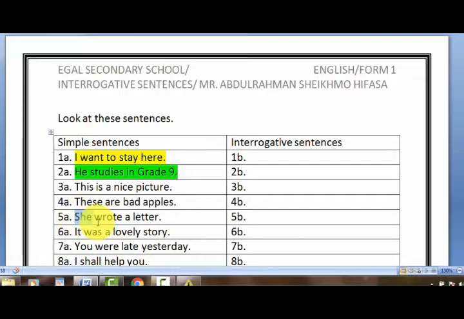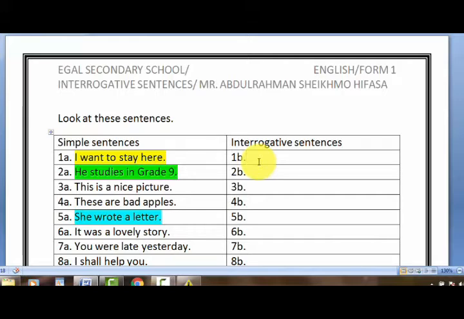And here, those ones, they don't have any auxiliary. So most of the students come across problems with these statements. Whatever we are learning in this lesson follows what we learned before, affirmative and negative sentences.